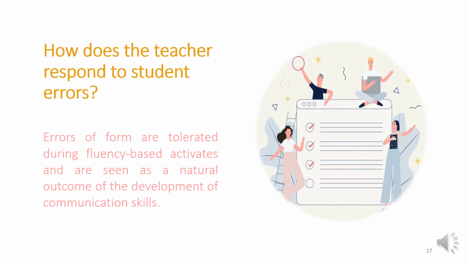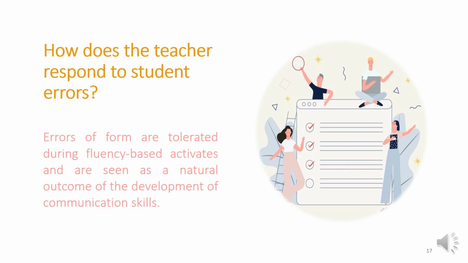Well, how does the teacher respond to the student error? Errors of form, which means the grammatical errors, don't stick on them, please, as a teacher and as a student. Okay, so errors of form are tolerated during fluency-based activities and are seen as a natural outcome of the development of communication skills. Students can have limited linguistic knowledge and still be successful communicators.